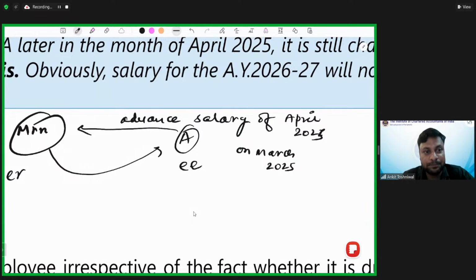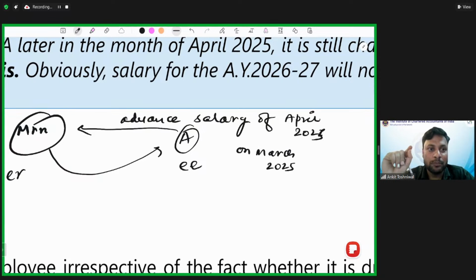Now what? Yes, receipt basis, because he is getting the advance salary. It will be due in April, while it is received in March. So it will be taxable in March, that is 24-25. Correct.